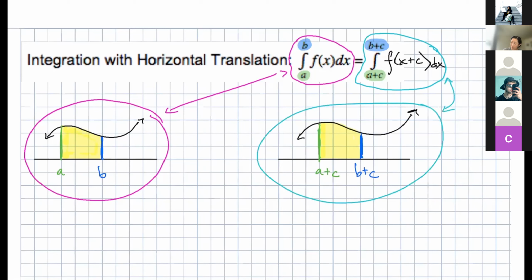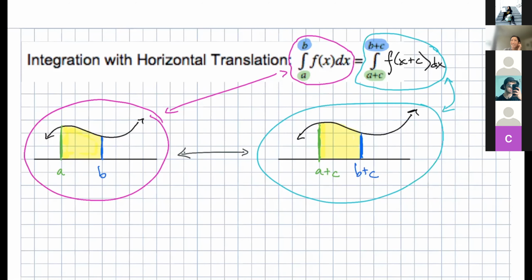When we look at the two diagrams, we can tell that those areas are equal to each other. Because we're taking f of x plus c, which means we take our whole function and we just move it over. So the shape is exactly the same because we're moving the whole function over.